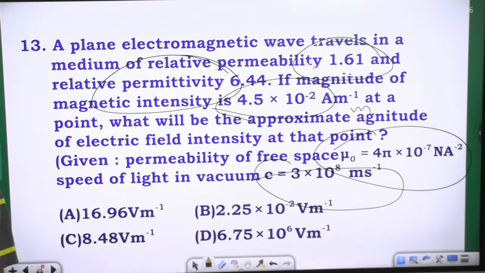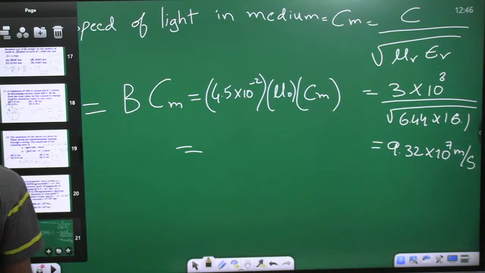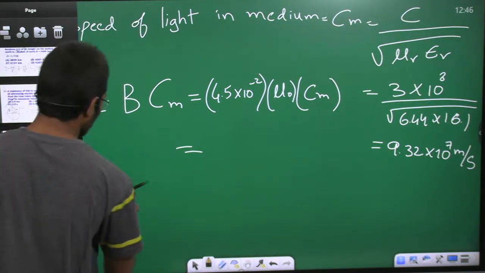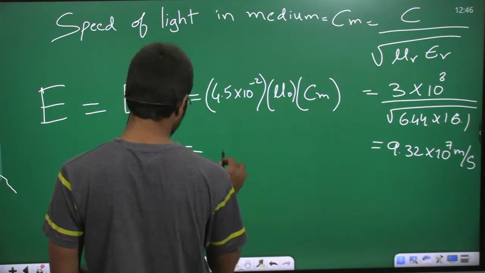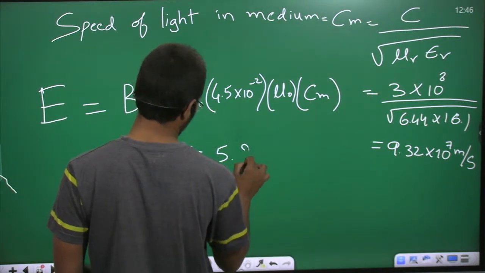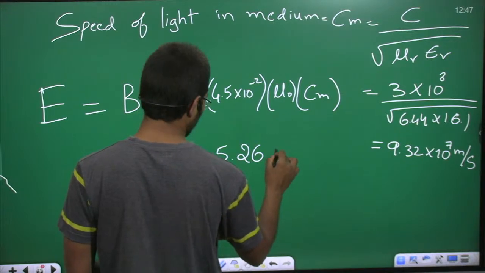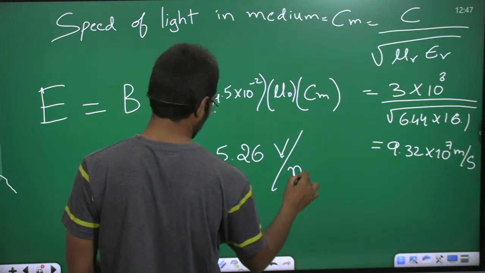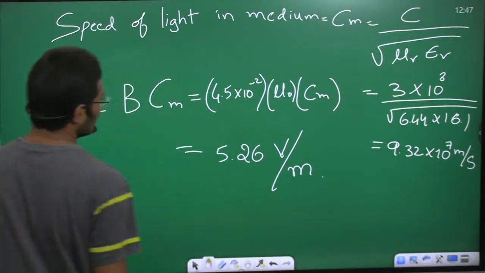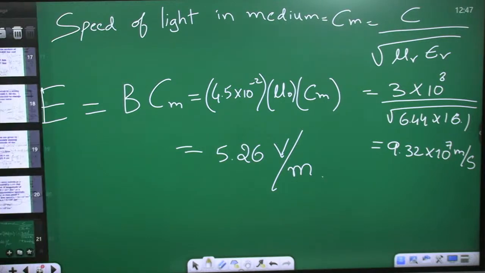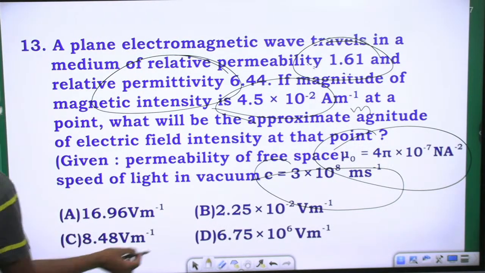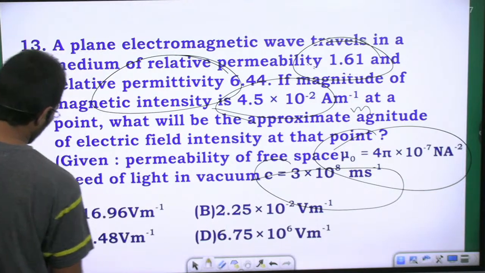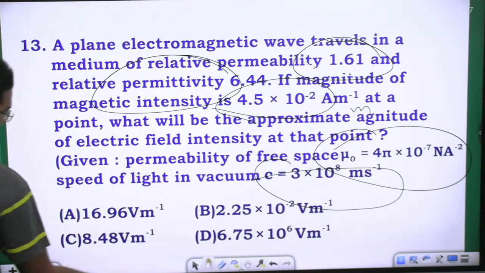So straight substitute them. Actually we don't have options here, so we will be getting 5.26 volt per meter. As this option is not present, we don't have any 5.26, so none of the above.